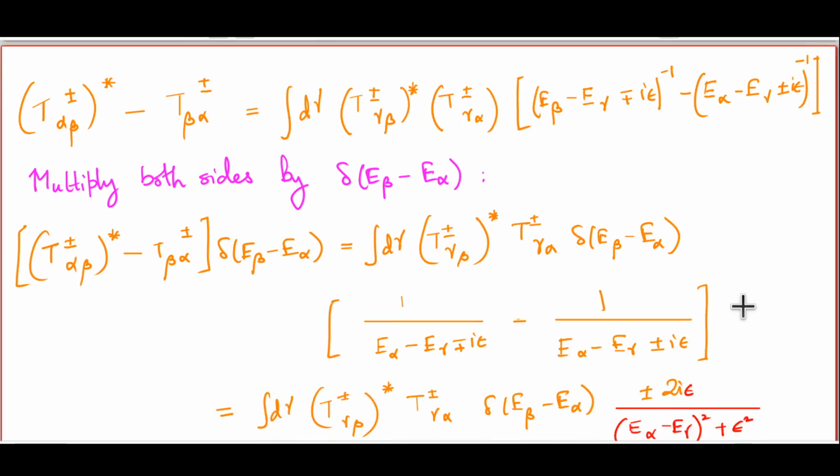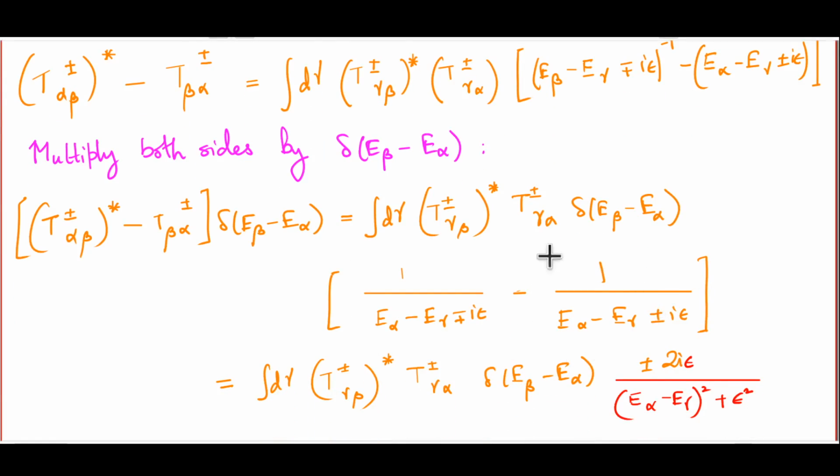Now with this change, this particular calculation of the fractions simplifies to this. And if you now focus on the part written in red here, epsilon by E alpha minus E gamma whole square plus epsilon square, it is obvious that in the limit epsilon going to 0, the limit that we are interested in, this quantity vanishes unless E alpha is equal to E gamma.